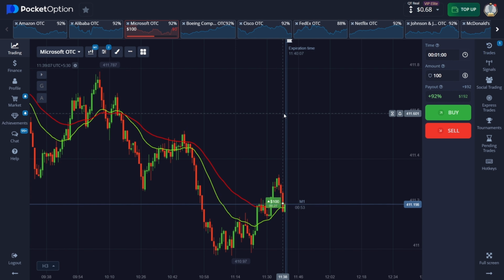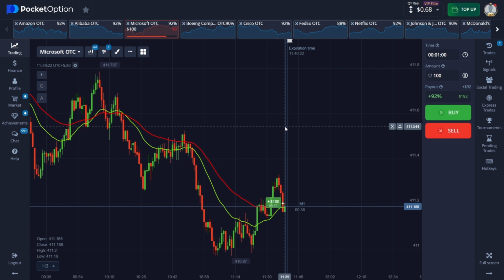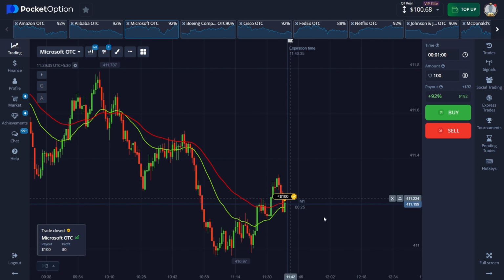Currently, the trade isn't going in our favor, but there are only 25 seconds left. With just 2 seconds left, it looked like a loss, but it reversed. Our first trade was reversed.